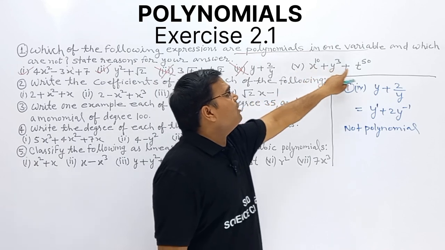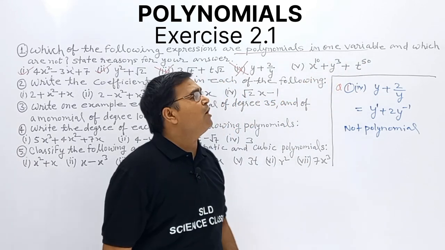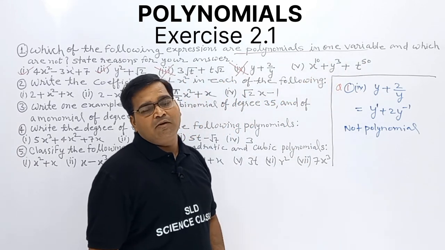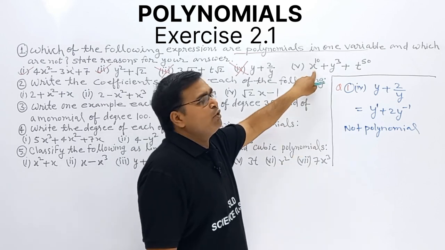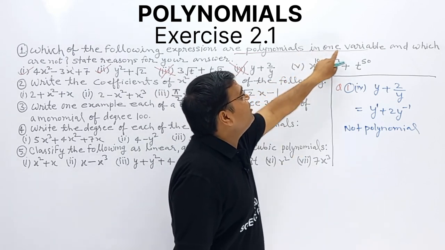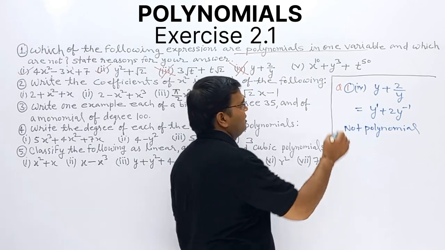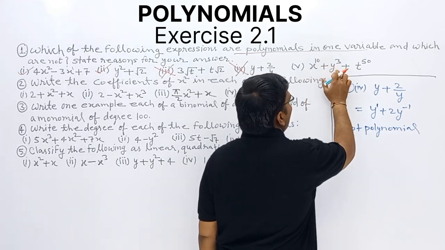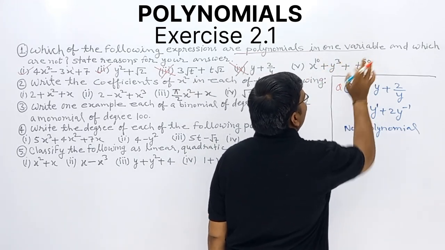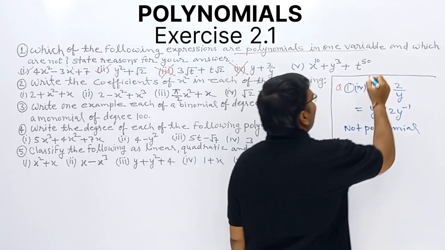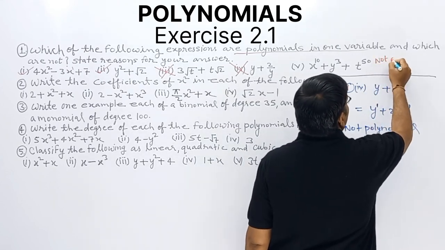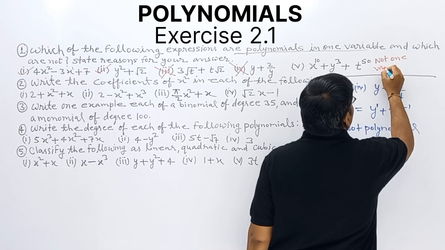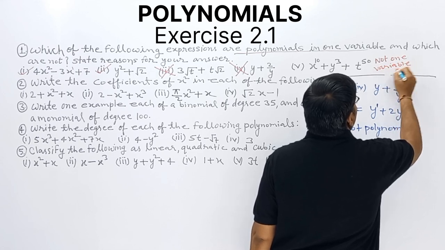Why? Because all variable powers are whole numbers. So this one is a polynomial, but this is not a one variable polynomial. X power 10 plus y power 3 plus 3 power 50.